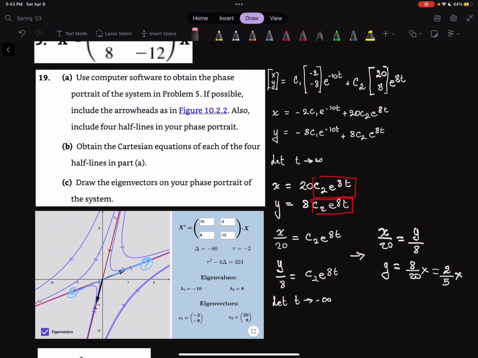So they're going to get very, very large, and these are going to get smaller and smaller because they're going to be to a power that is negative and getting larger and larger. So we can say that those last two terms go to 0, and we can rewrite the system as x equal to negative 2c1 e to the negative 10 times t, and y as negative 8c1 e to the negative 10 times t.